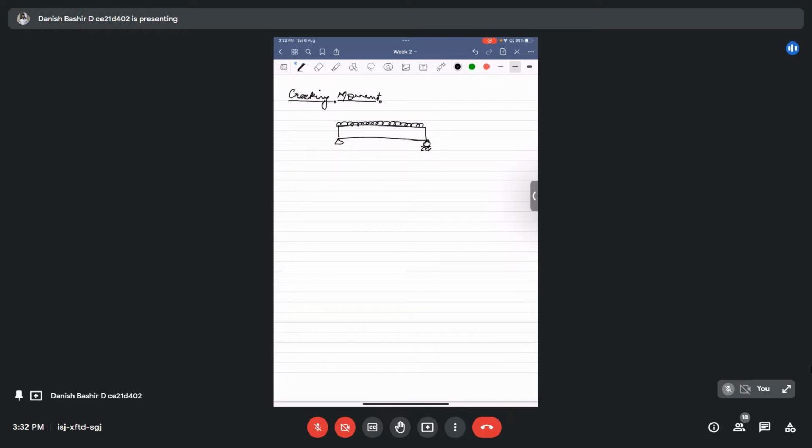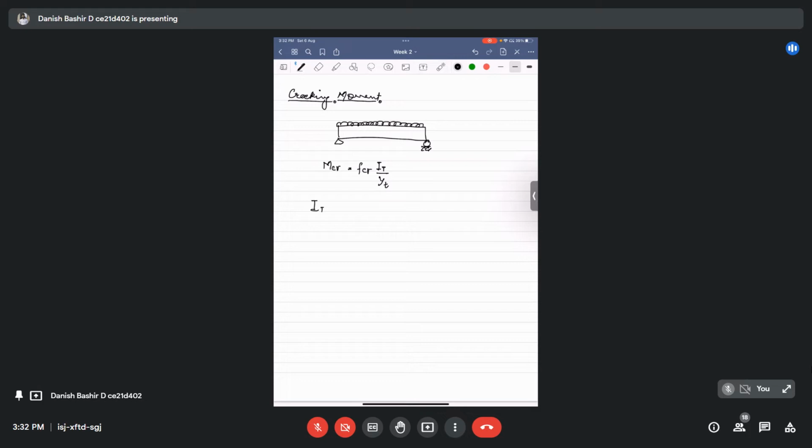moment. And for that MCR, the cracking moment, it is given as FCR IT by YT. Now here IT is the transformed second moment of area. I already said that we transform the section from the composite section to the homogeneous section, in which we replace the area of steel by the equivalent concrete area.